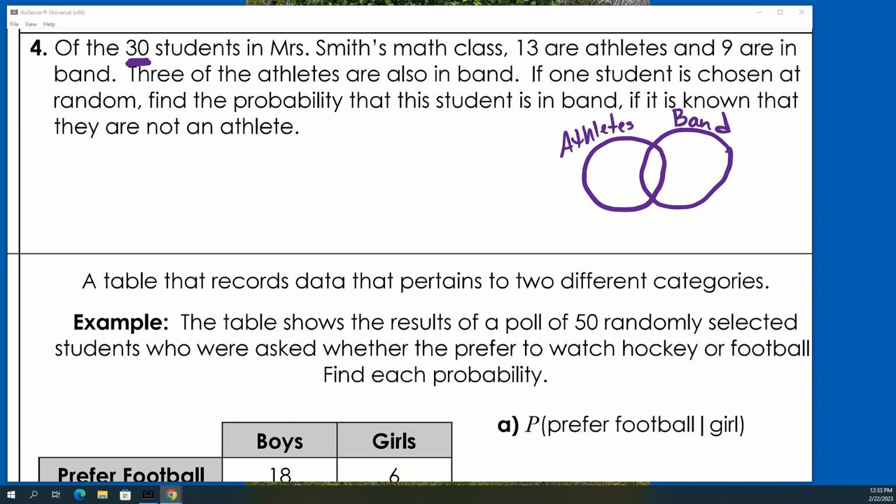It's going to be the three people that are in both would be in the middle. All right, so there's 13 athletes. 3 are already counted, so that leaves 10. And there's 9 people that are in the band. 3 have already been counted, so that is 6.